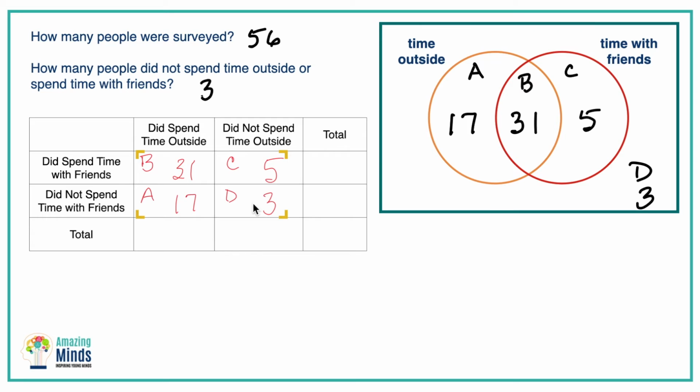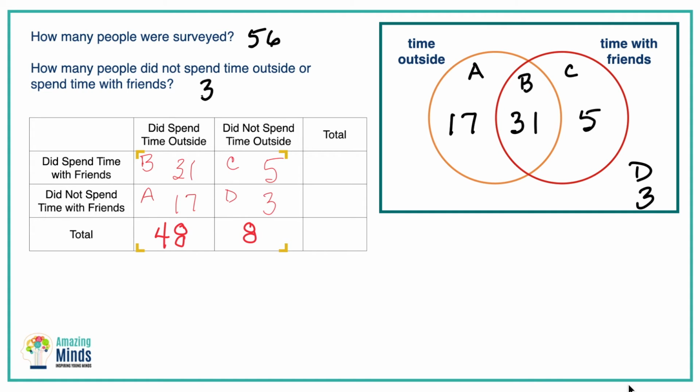So when you do that, students start to realize that all of your data from your Venn diagram is in this section. And then they start to understand that this is really providing the total and what it actually tells you. So if you find the total here, you can see, okay, well, that's 48. And in my clues, I remember that 48 people spent time outside. Did not spend time outside, we didn't have a clue for that.